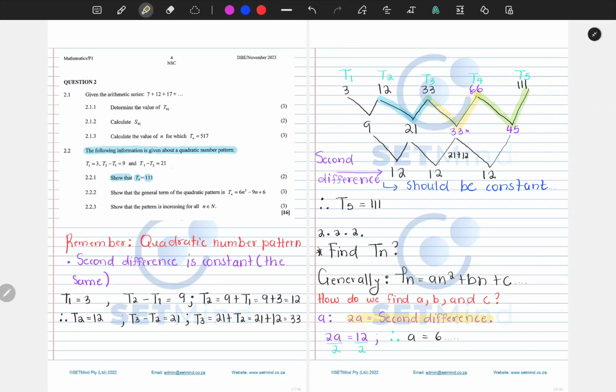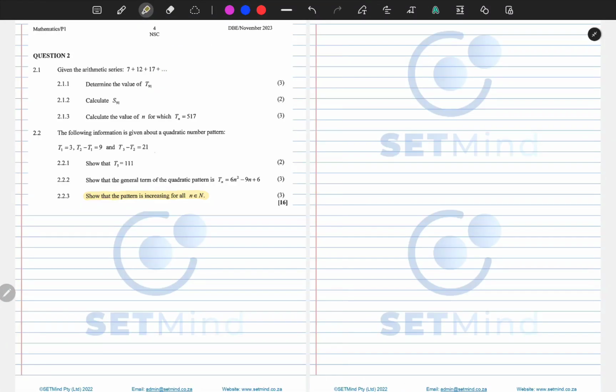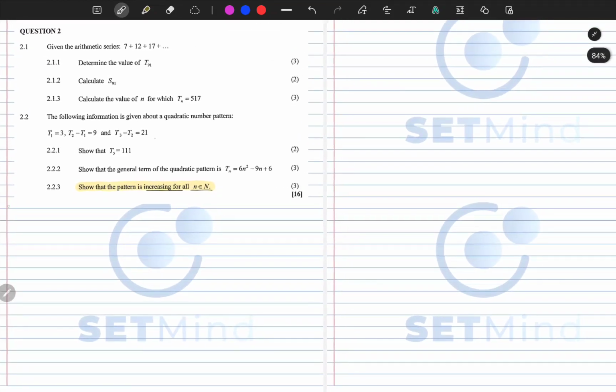These are very important when you are dealing with your quadratic series. There are many ways to go about doing the last question. They're saying we should show that it is increasing for all n an element of natural numbers.